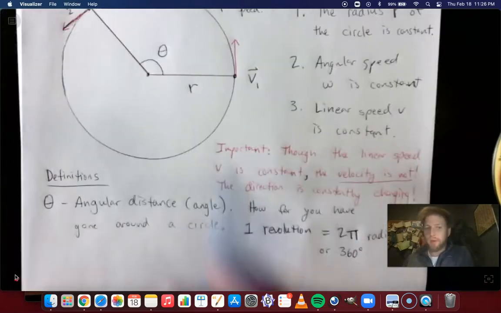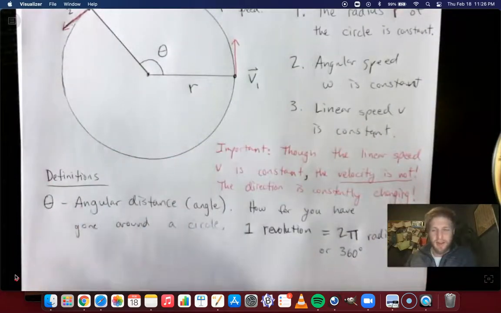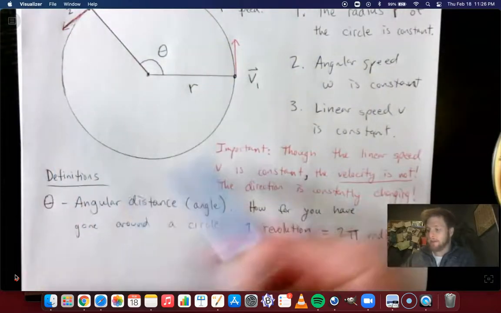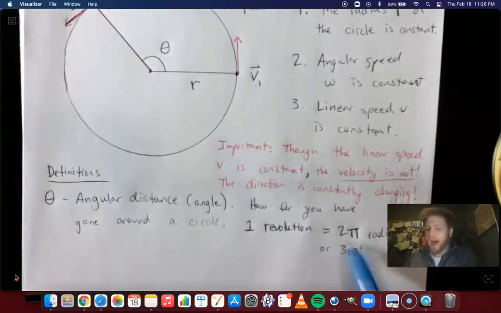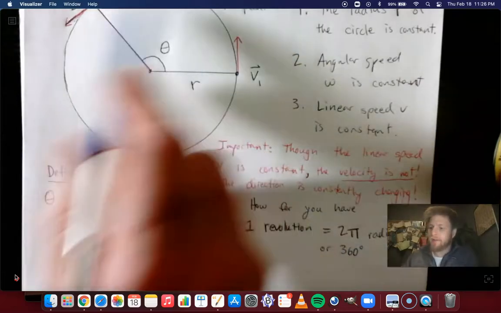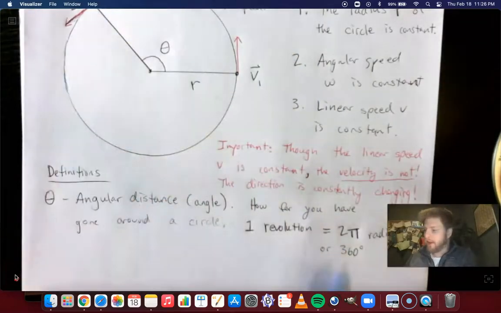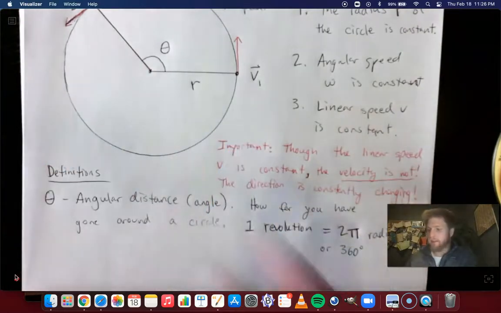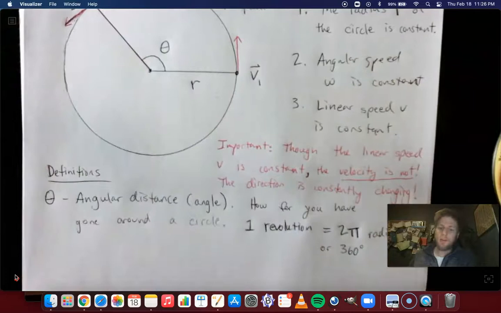So if we went halfway around a circle, you know that's 180 degrees. If we went a quarter of a way, you know that's 90. For various reasons, it's helpful to split how far in angle you've gone around the circle into 2 pi. Radians is the unit that we use. So for example, if we went halfway around, well, that's half of the whole, so it's pi radians. You can split that into quarters, eighths, whatever you like.